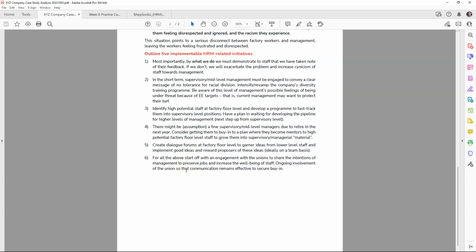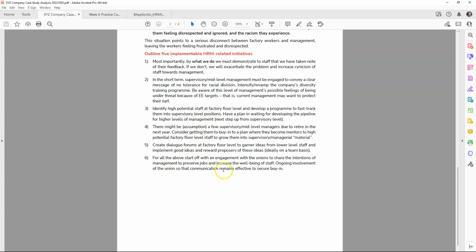And then very importantly for this organization, unionization in South Africa can be very adversarial, but despite that, as I mentioned, for all the above, start off with engagement with the union. For all of these, 1, 2, 3, 4, 5, you must involve the union leadership so they know what you're doing, because you need to bring them in as partners, respect their role as representatives of the staff at floor level, and accept that there will be differences.